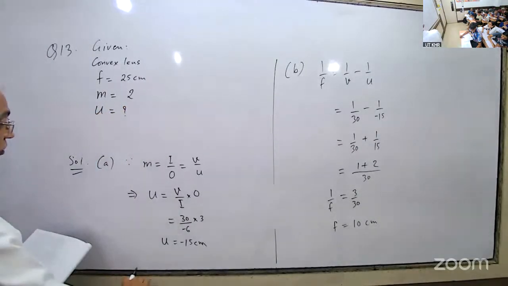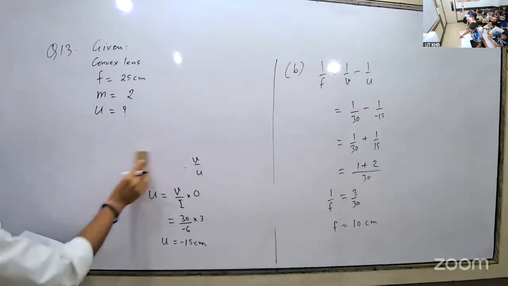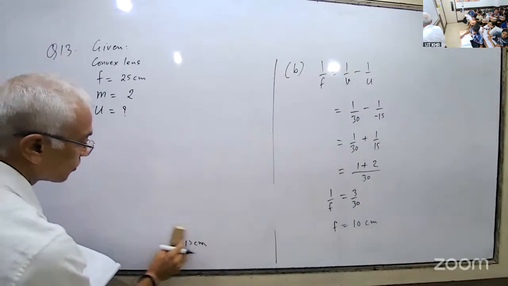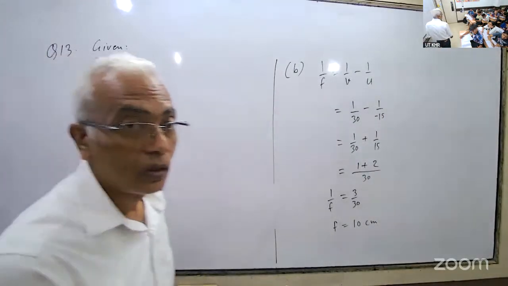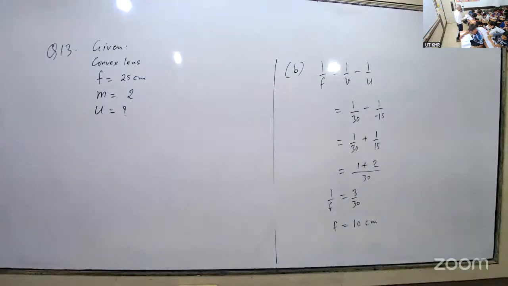This is what you have to find out. So in this question, what is given? Magnification is given. Okay. Why magnification? Because it says a virtual image of twice the size is formed. Virtual image के लिए magnification is positive.